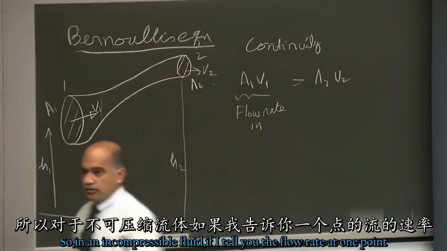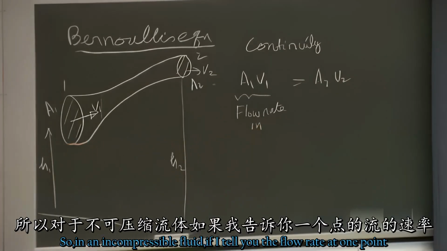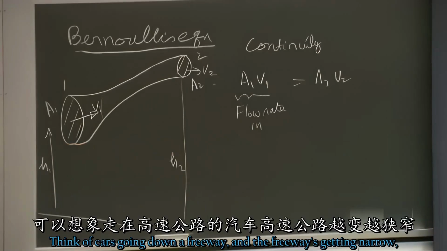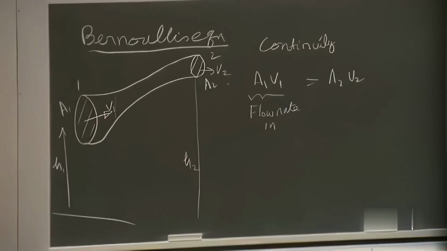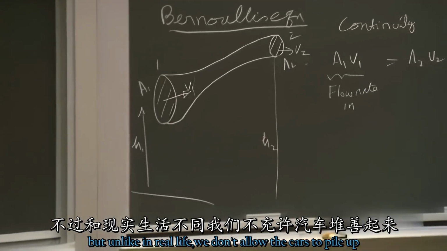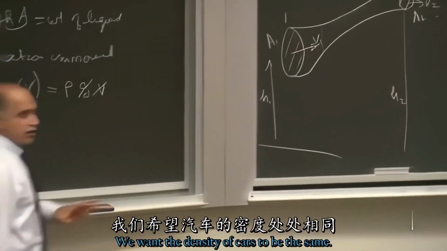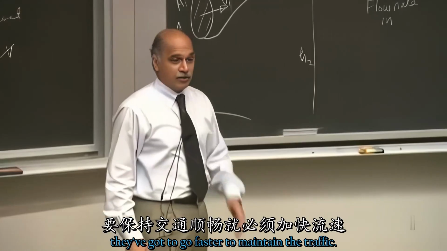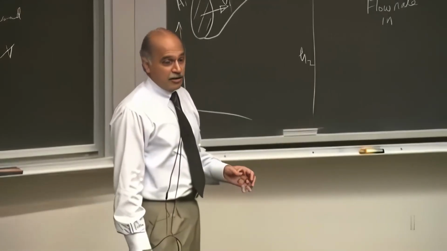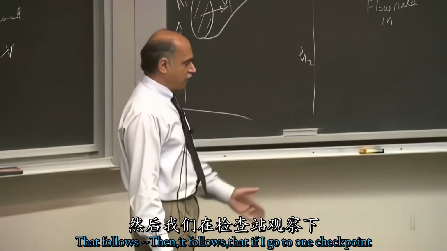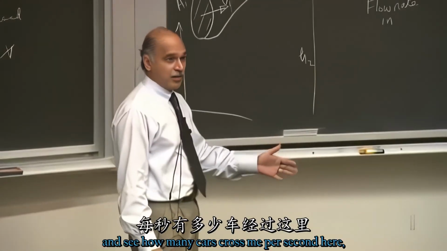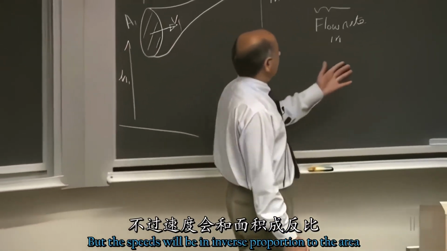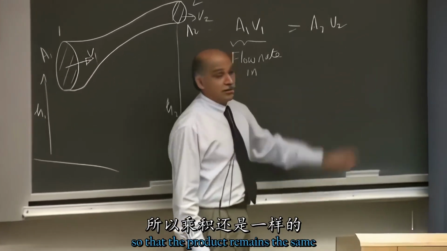So in an incompressible fluid, if I tell you the flow rate at one point, I've told you the flow rate everywhere. Think of cars going down a freeway, and the freeway is getting narrow. But unlike in real life, we don't allow the cars to pile up. We want the density of cars to be the same. That means if there's a narrow road, they have to go faster to maintain the traffic. It follows that if I go to one checkpoint and see how many cars cross me per second here, the same number will cross anywhere else. But the speeds will be in inverse proportion to the area so that the product remains the same.